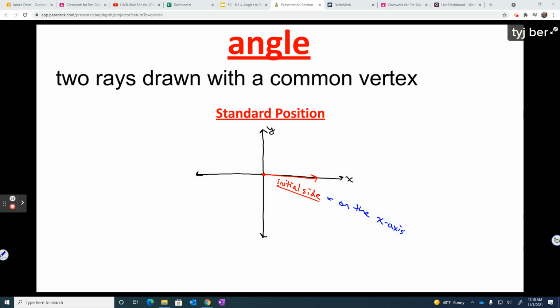We always start on the x-axis. And then the other part of the angle, just draw it up here, is called the terminal side. Terminal means the ending side. Initial and the ending.